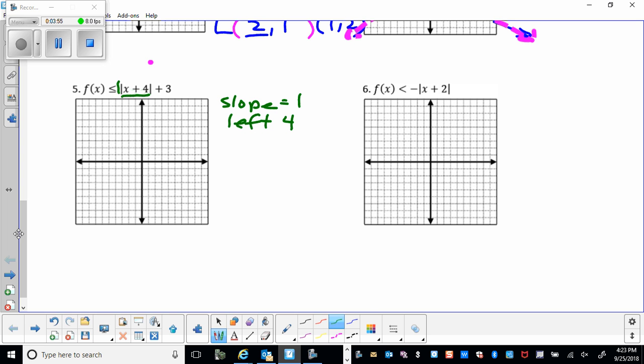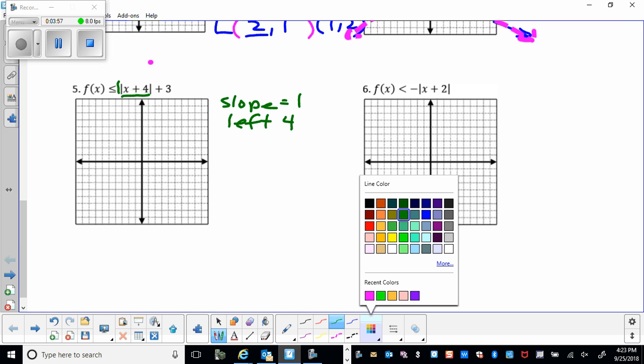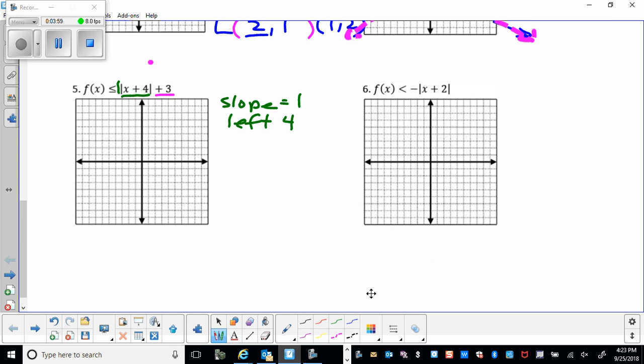And on the outside, I've got a plus 3, so I'm going to go up 3. That's where my vertex is going to be. So left 4 and up 3.